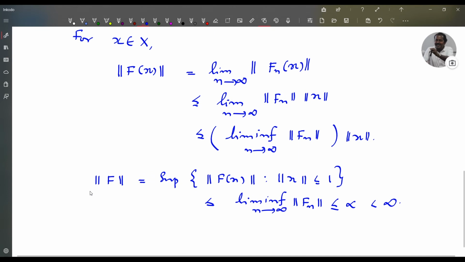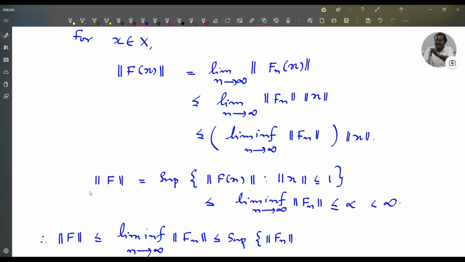Therefore we have norm f less than or equal to the limit inferior as n tends to infinity of norm fn, and that is less than or equal to alpha. Alpha is the supremum of norm fn such that n equal to 1, 2, etc., and that is less than infinity. So this proves the Banach-Steinhaus theorem. Here you must go through the definition of limit inferior.